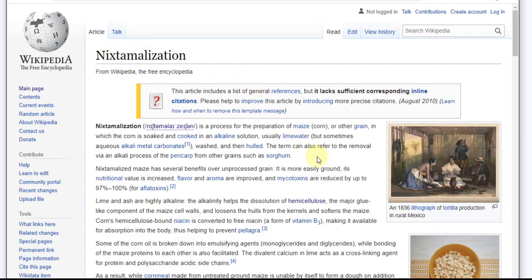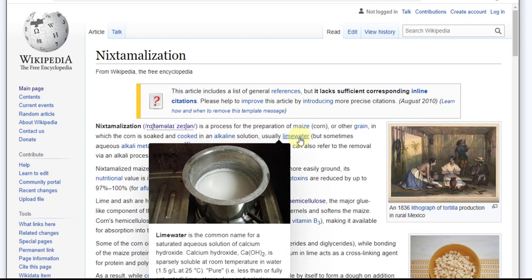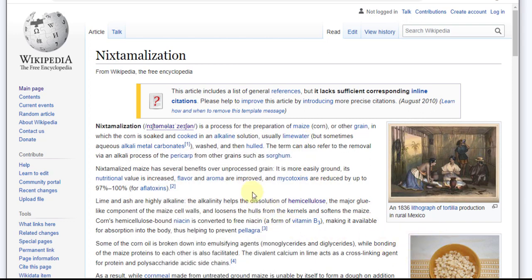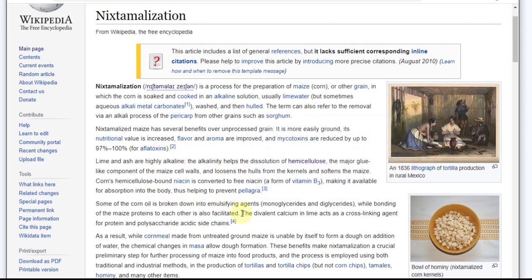nixtamalization. And what happens is that lime water, which is the calcium hydroxide, breaks up some of the starches and releases some very important nutritional materials. With that, you get enough of the nutrients that you need to allow corn to provide all the amino acids that you need.